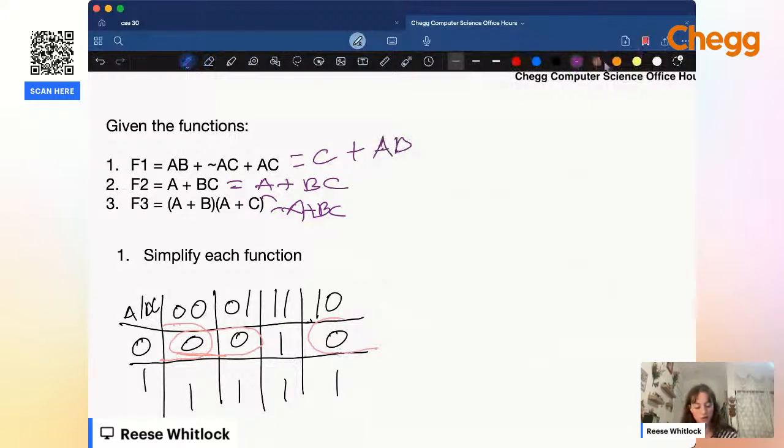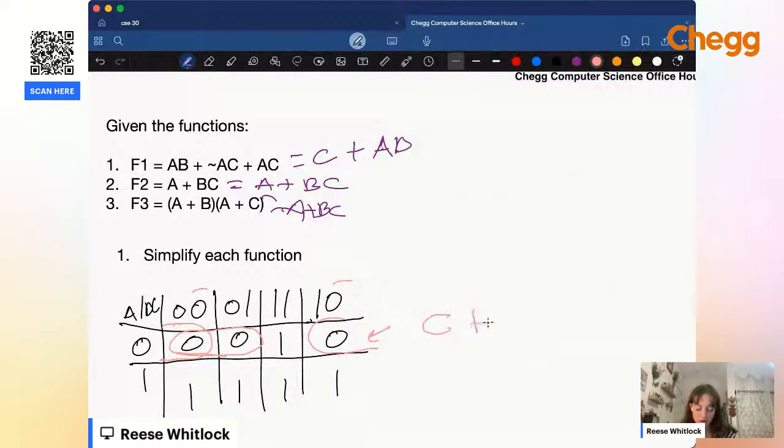Okay, so for these two, this rectangle is going to represent when C is false. So again, we're doing product of sums, right? No, we're doing sum of products. So that means we're going to do the opposite. So if we see that C is false here, we just do C.